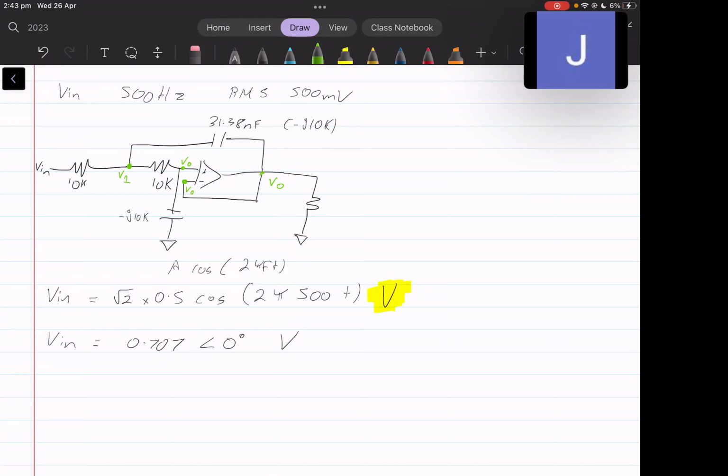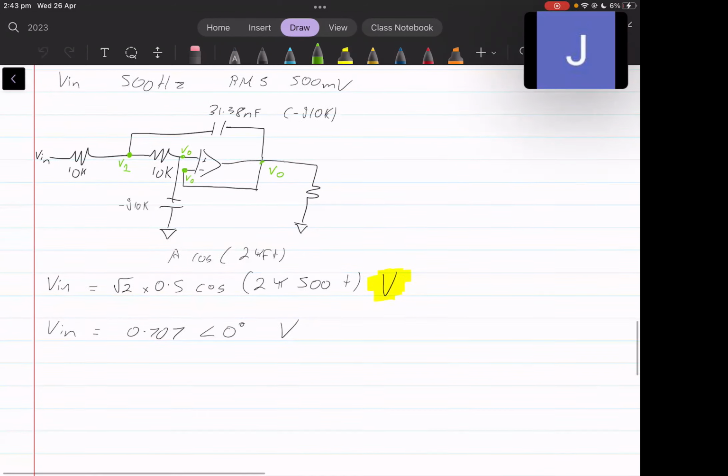With op amps, it's almost always better to use nodal analysis, just because it gives us two nodes that are exactly the same. It tends to work out a whole lot easier than trying to do meshes.